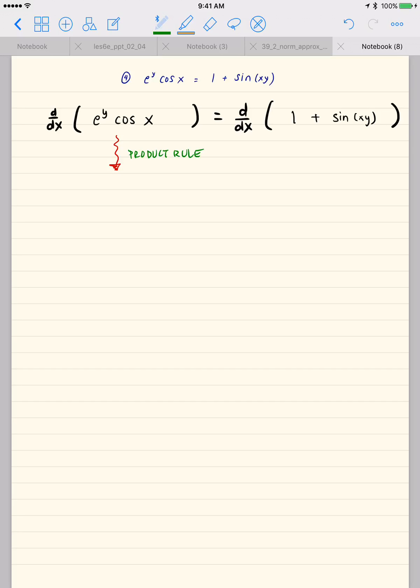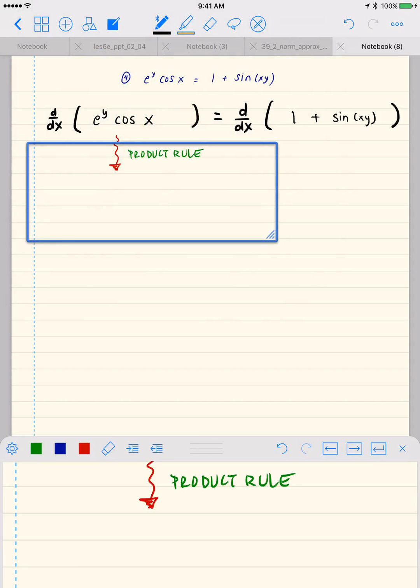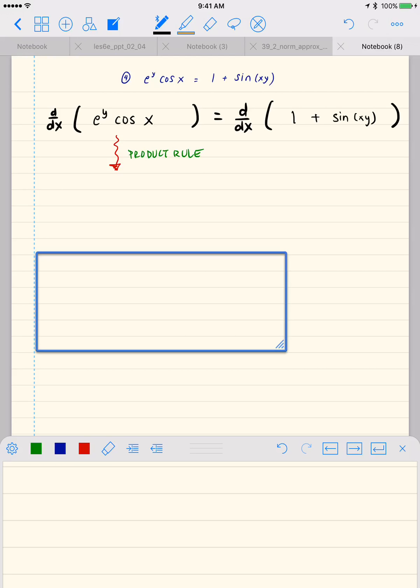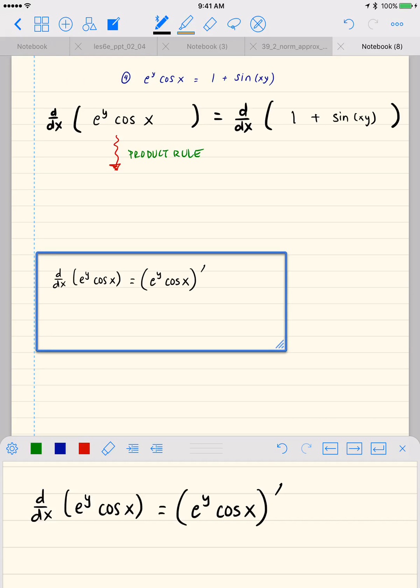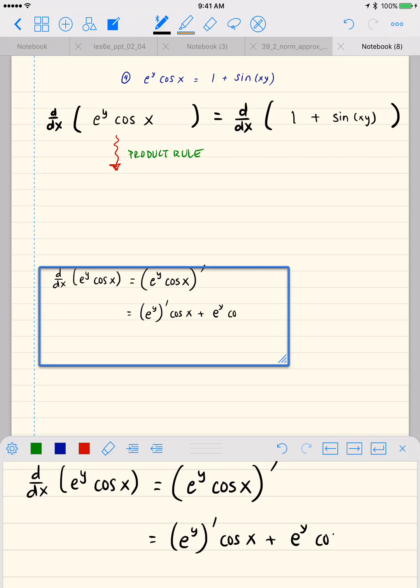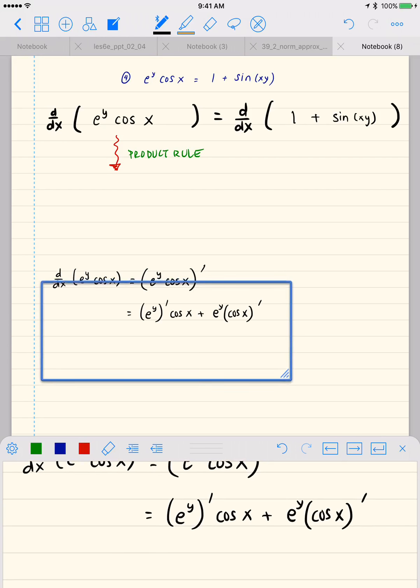Okay, so let's just scooch on down over here. We'll leave space. So if we want d dx of e to the y cosine x, I'm going to switch to prime notation: e to the y cosine x prime, right? Which is going to be the same thing as e to the y prime cosine x plus e to the y cosine x prime.